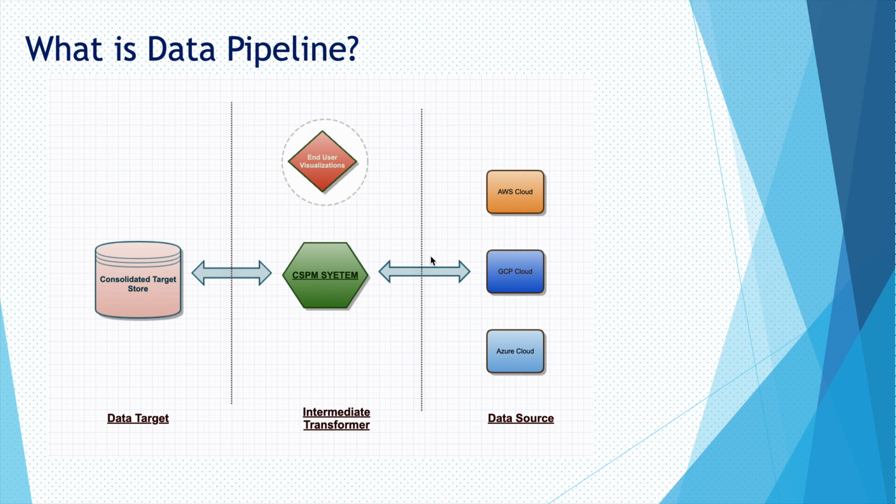In between, we have to pass that data through different stages of a particular system, which is called the CSPM system. So here we are fetching the data, passing it through a series of steps, and then finally storing that data somewhere. So at a very high level, extracting data from somewhere, then passing it through a series of steps and finally storing it somewhere, that is called a data pipeline.